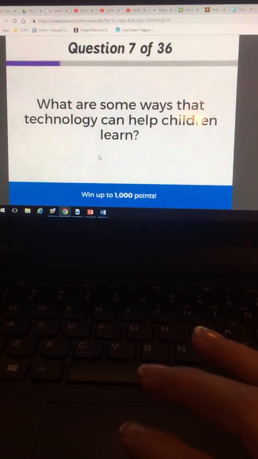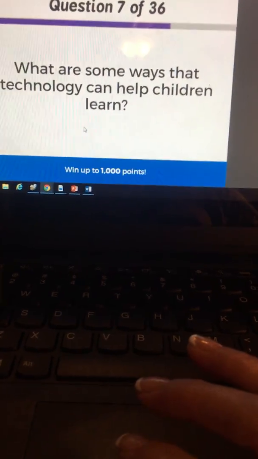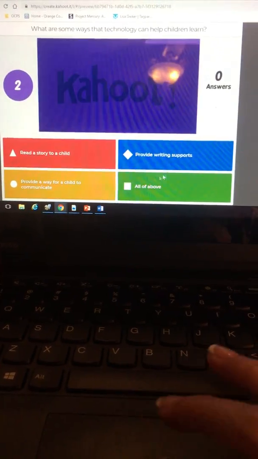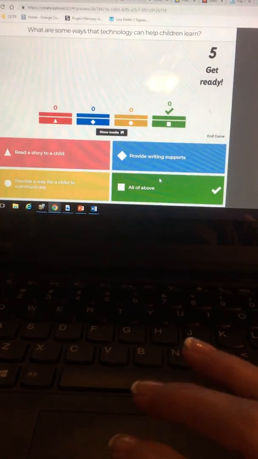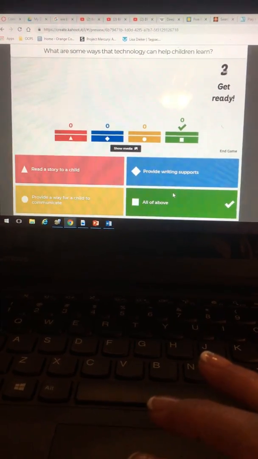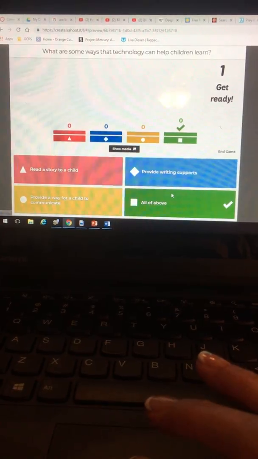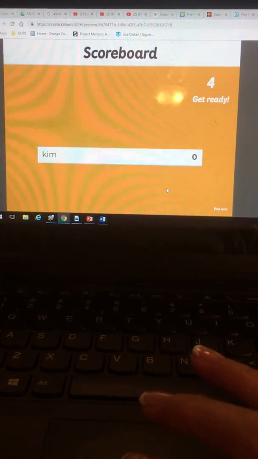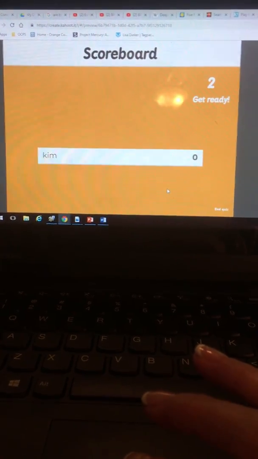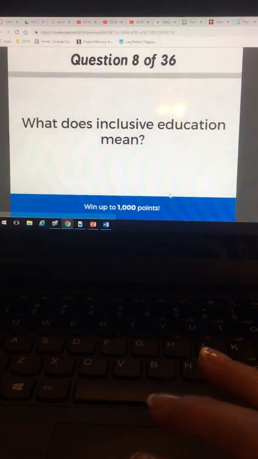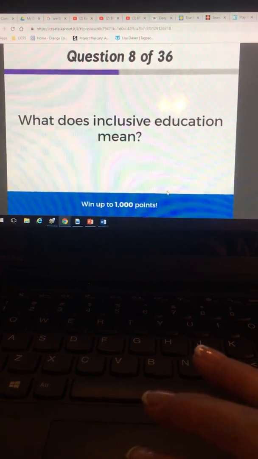What are some ways that technology can help children learn? What does inclusive education mean?